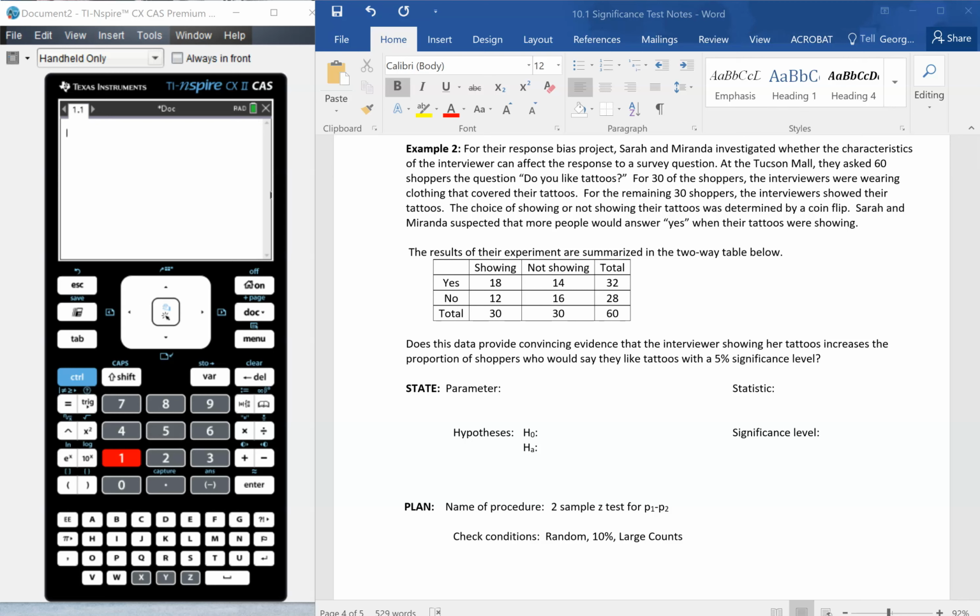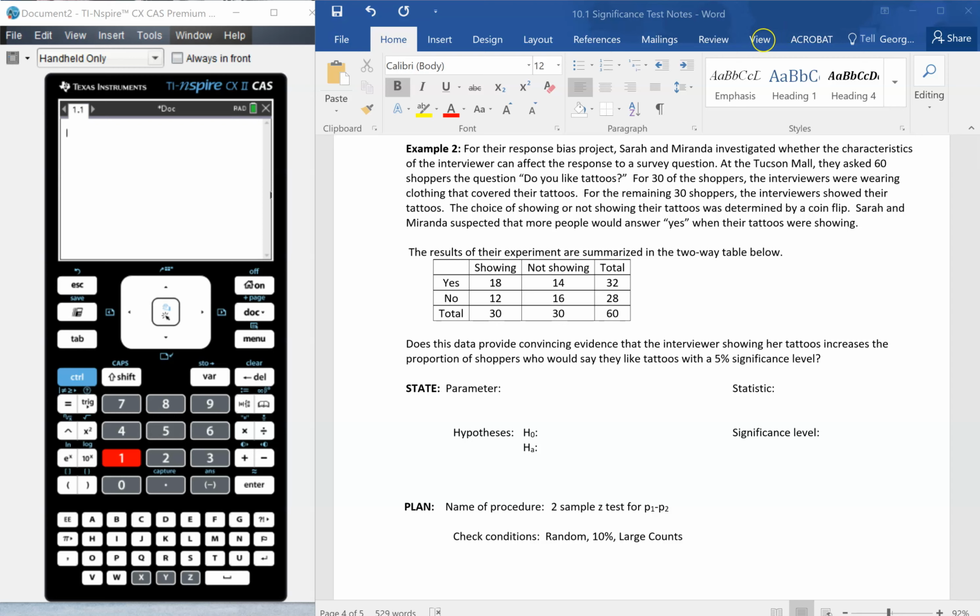The choice of showing or not showing their tattoos was determined by a coin flip. Sarah and Miranda suspected that more people would answer yes when their tattoos were showing. The results of their experiment are summarized in the two-way table below. Does this data provide convincing evidence that the interviewer showing her tattoos increases the proportion of shoppers who would say they like tattoos, with a 5% significance level?